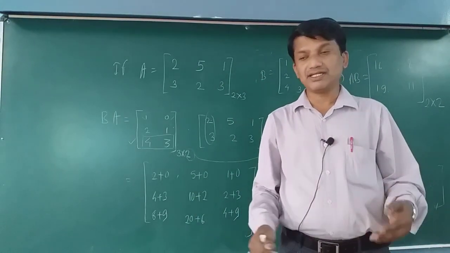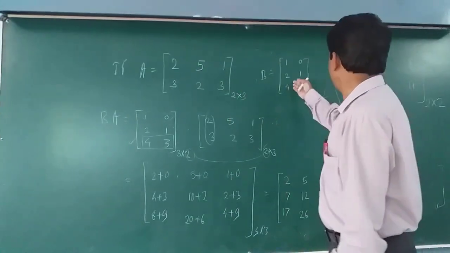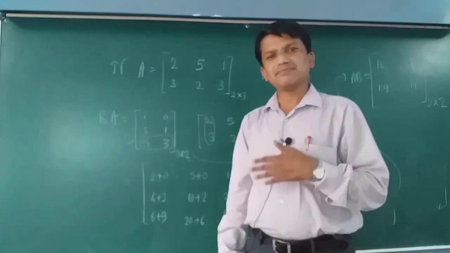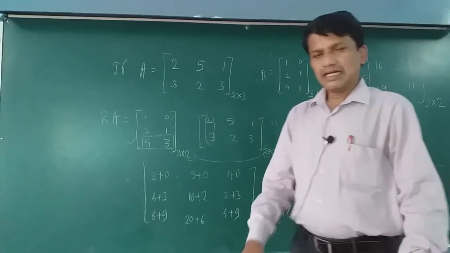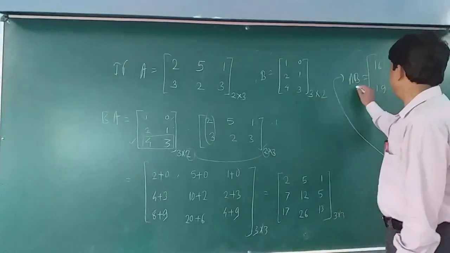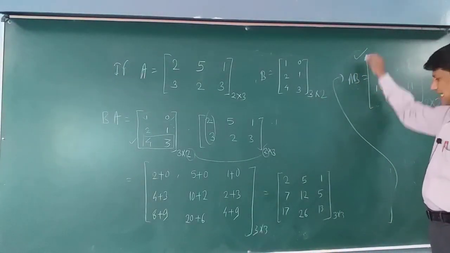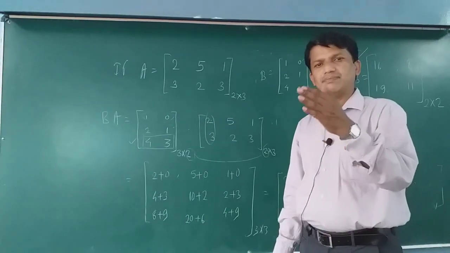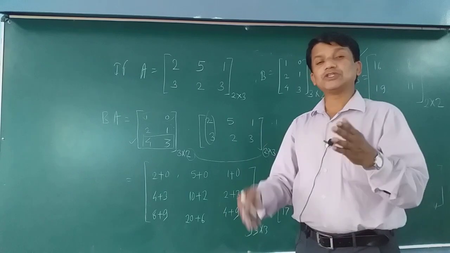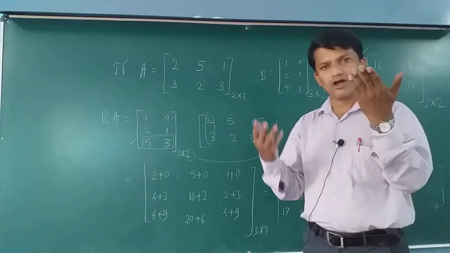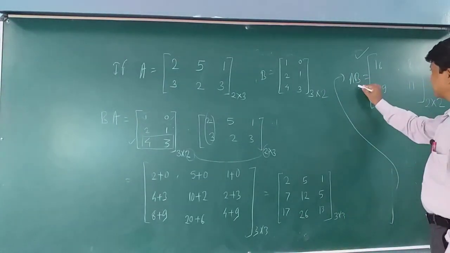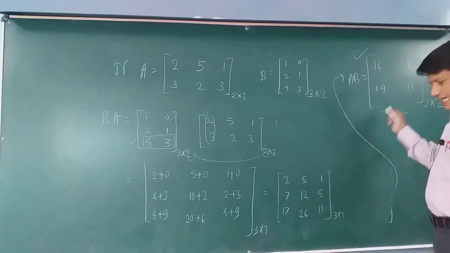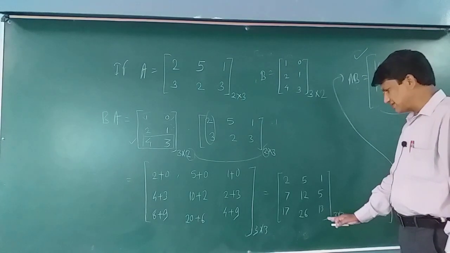Okay, our question is: A given, B given, then find the matrix AB as well as matrix BA. Look here, AB is here and BA is here. And our third question: find AB, find BA as well as show that AB is not equal to BA. Obviously here, the answer of AB is this matrix having order 2 by 2 and the answer of BA is this matrix.